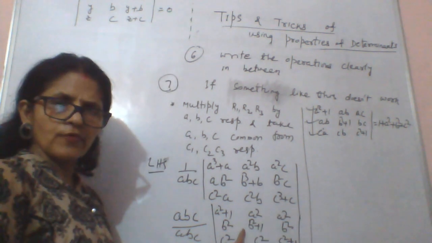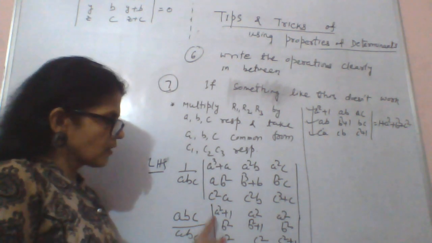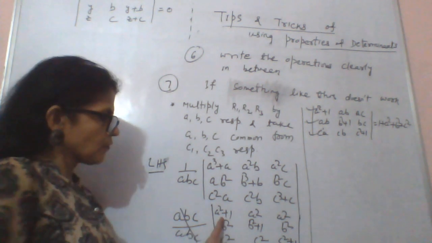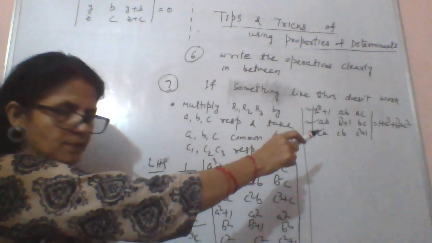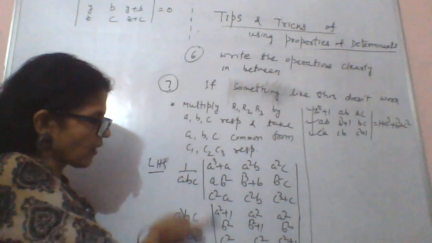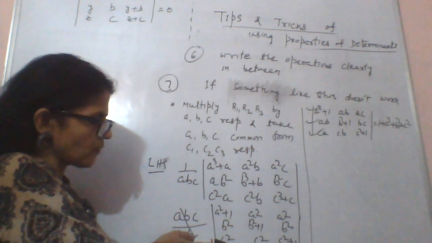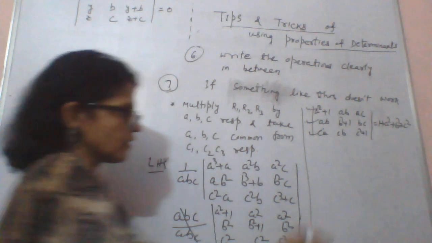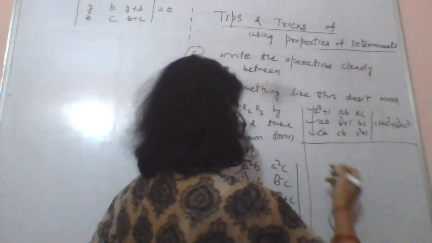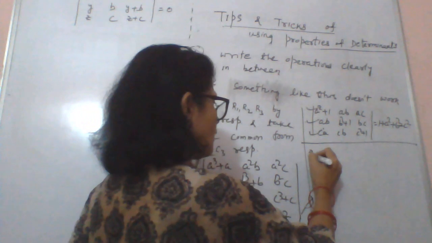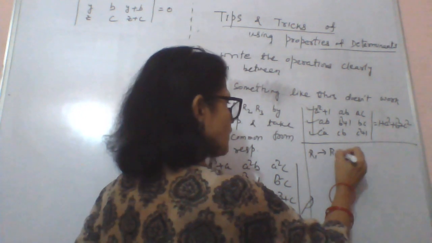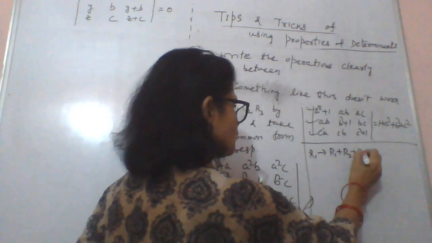Now if you look at this determinant, you need 1 plus a square plus b square plus c square, right? So if you add R1 plus R2 plus R3, you get the desired result. After this step, take R1 replaced by R1 plus R2 plus R3.